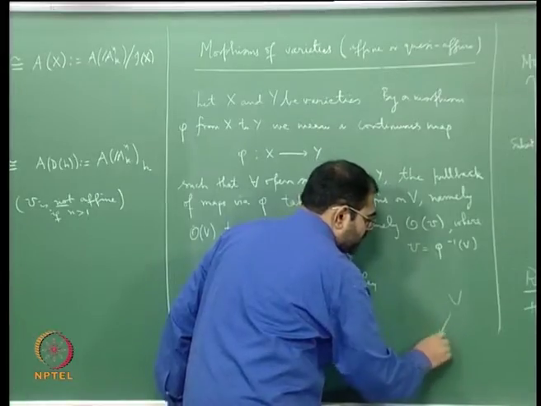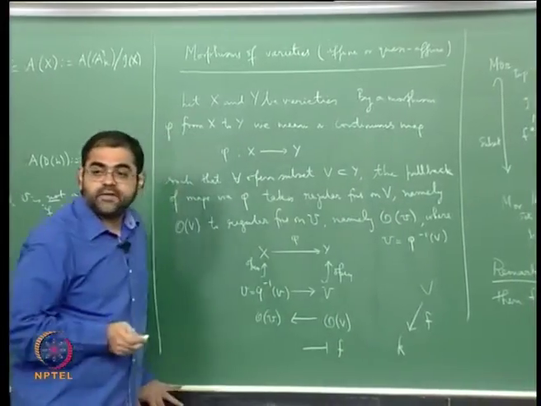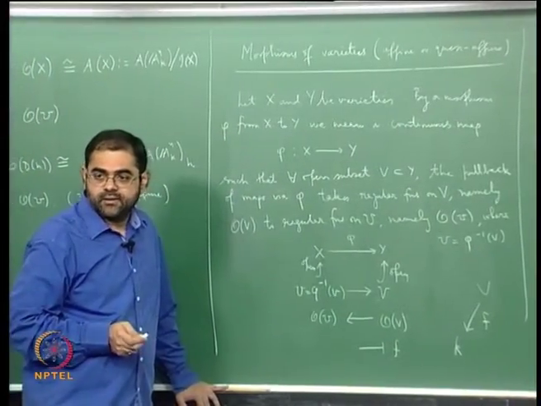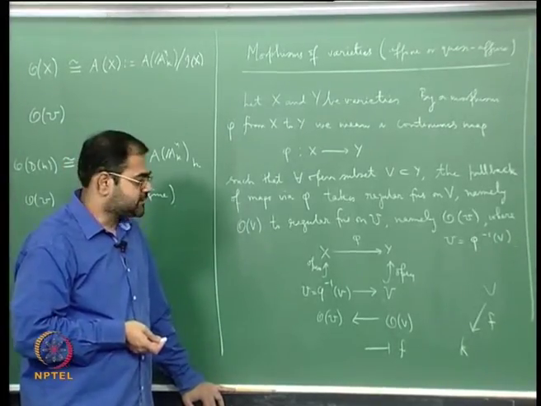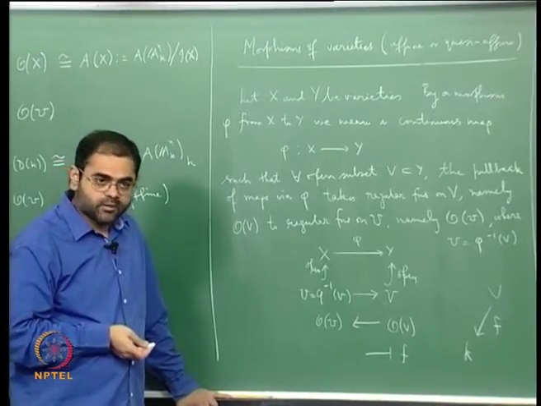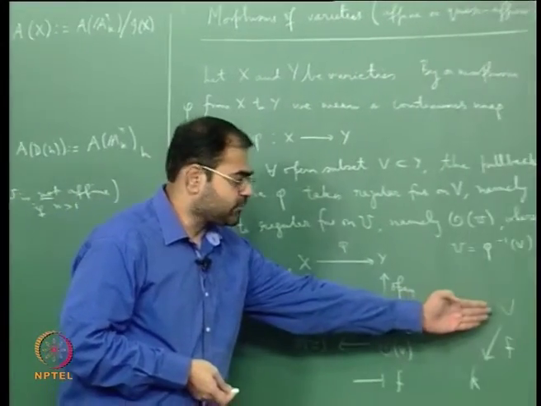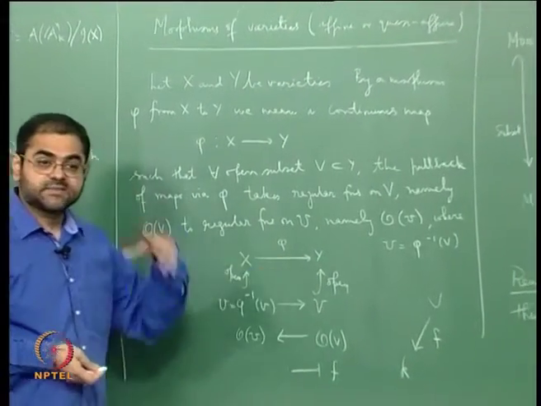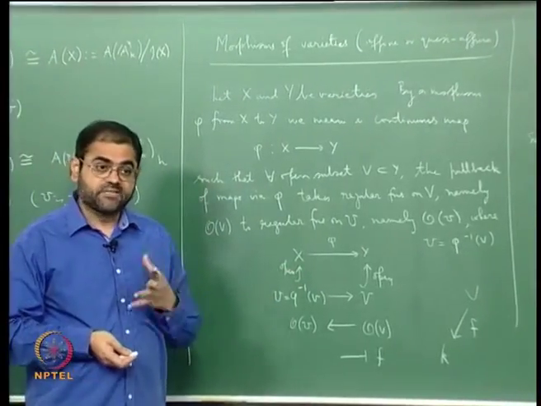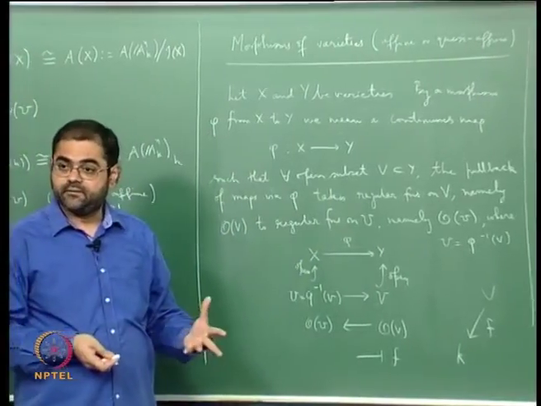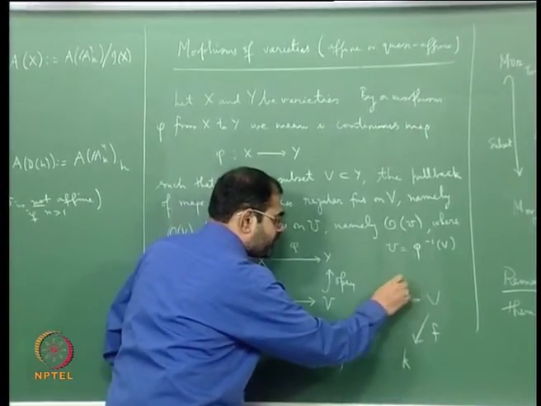It is a map from V to K, which, as we had defined in the earlier lectures, is a function which is locally given by quotients of polynomials, where the polynomials are considered in the right number of variables, which is equal to the dimension of the affine space in which V or Y is sitting inside.